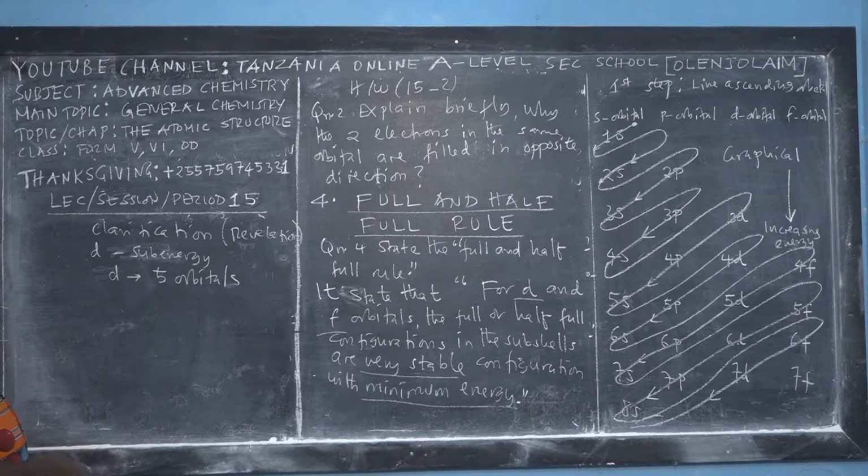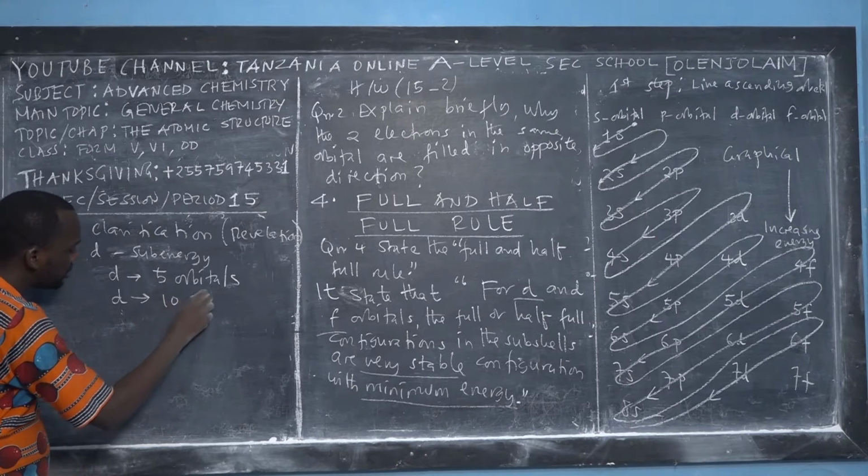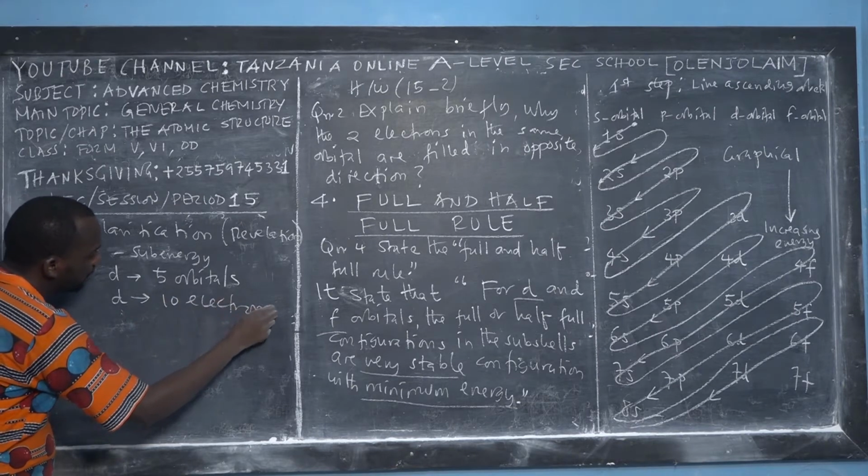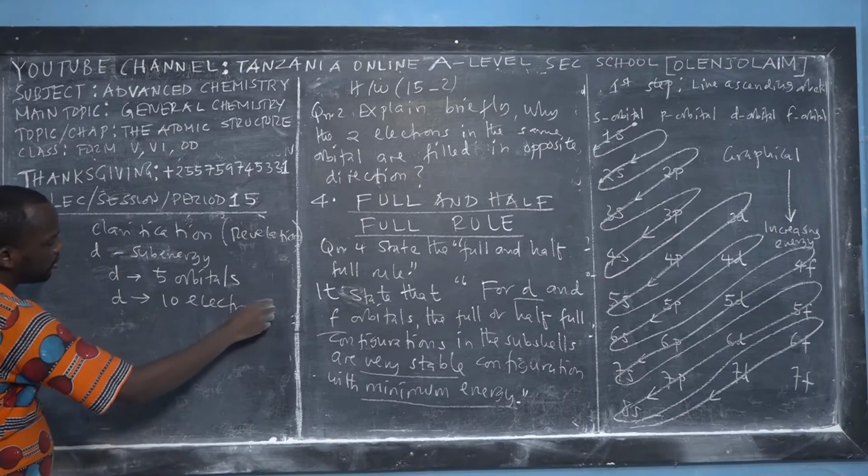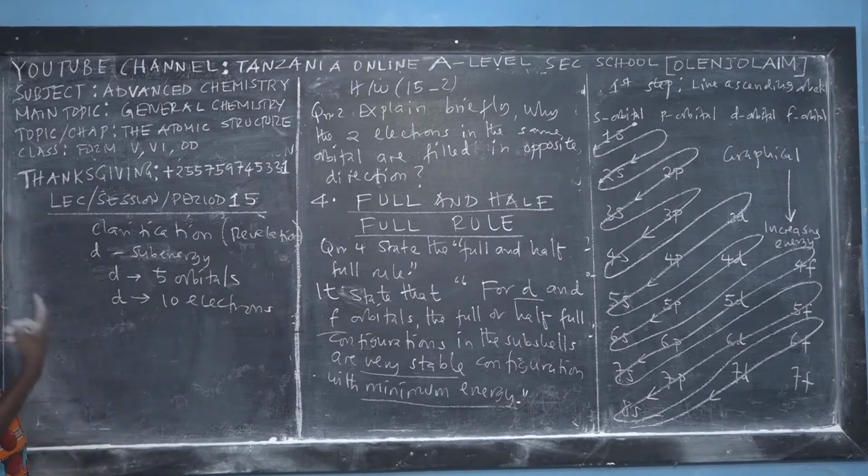Because it has 5 orbitals, what is the maximum number of electrons it can accommodate? 10 electrons, right? So listen, if the D sub-energy level is filled with all 10 electrons, then it is stable. Or when it is half filled, what is half of 10? 5.